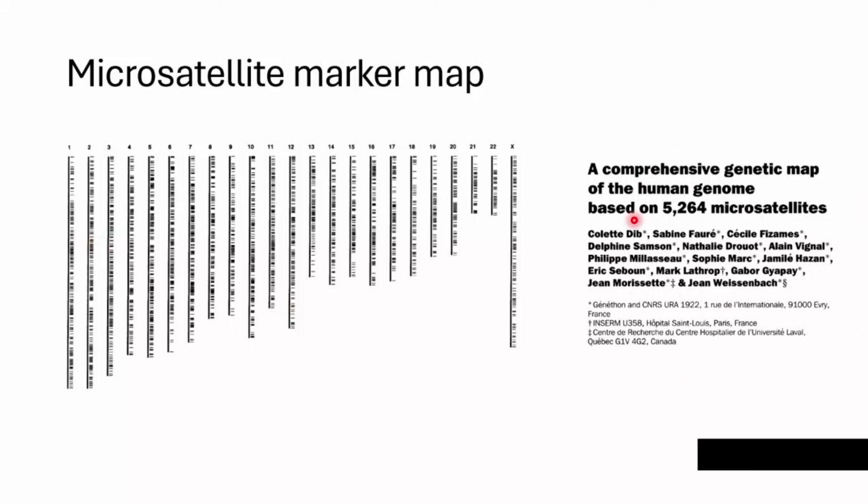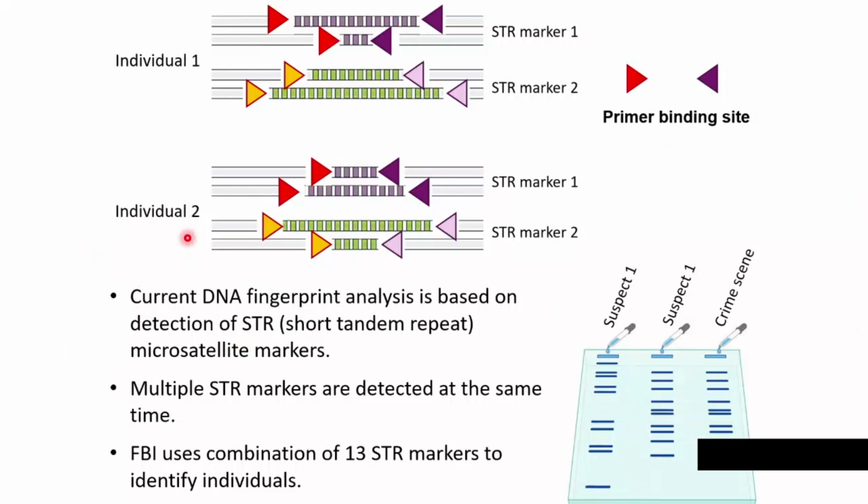This is the first paper that showed the microsatellite map, and you can take a look at it, okay? Now I'll explain the stuff that I mixed up in a second. Police. So this is the question that I got in the beginning of the semester. How do the police figure out if you're the criminal or not?